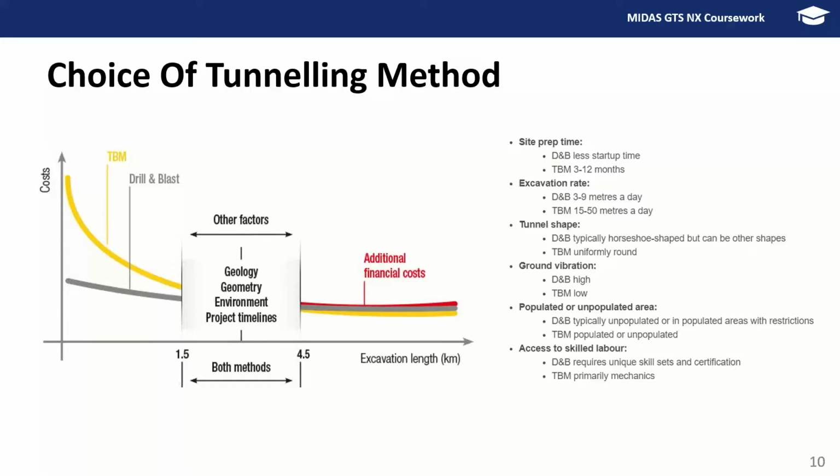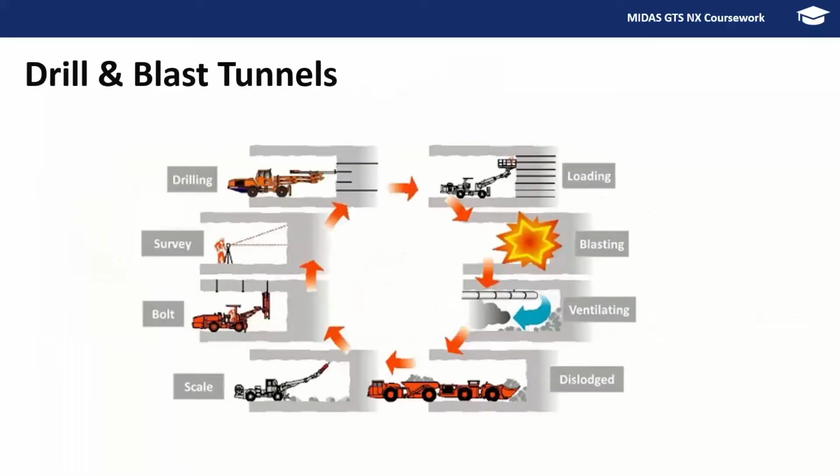So now we will start with the basic process of the DNB tunnels. So the method just starts with drilling, then it goes to loading, or by loading I mean the loading of the charges, or it can also be called charging in the mining terminology. Then it goes to blasting. After blasting, the ventilation has to be done so that the fumes are released to the safe zone.